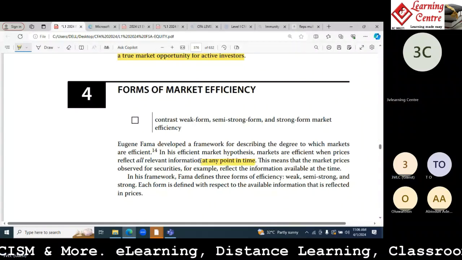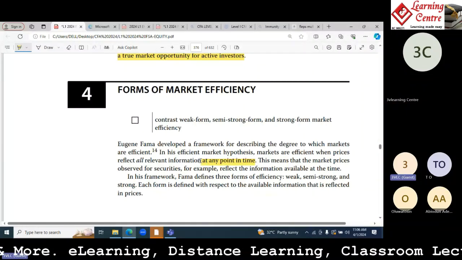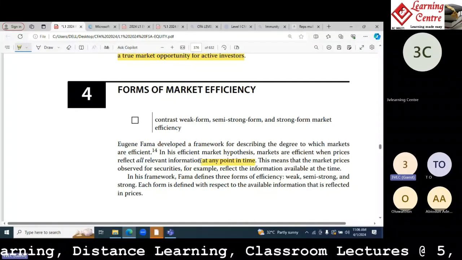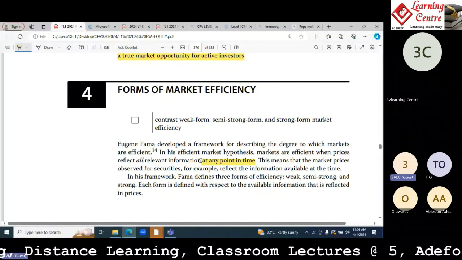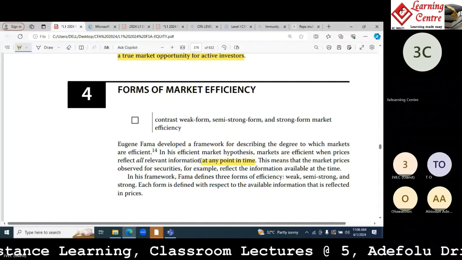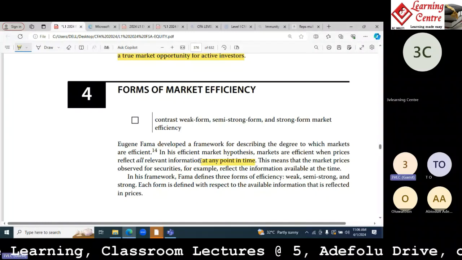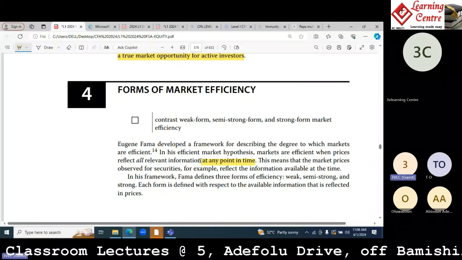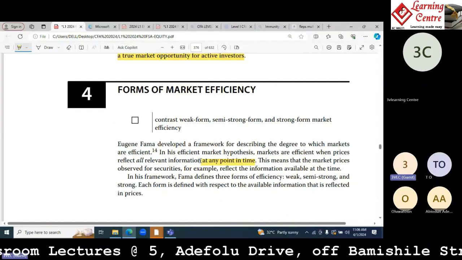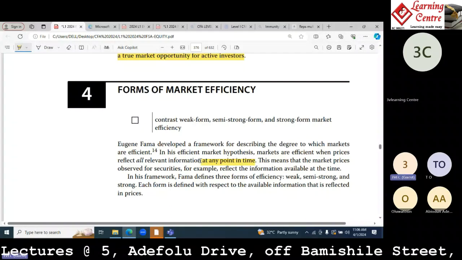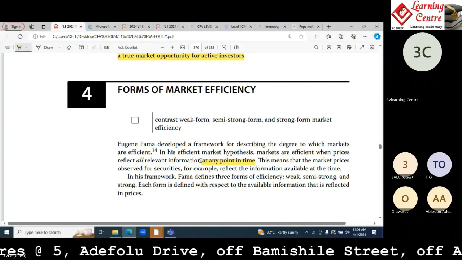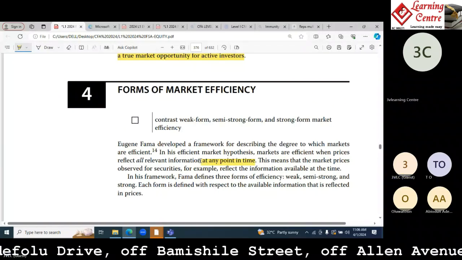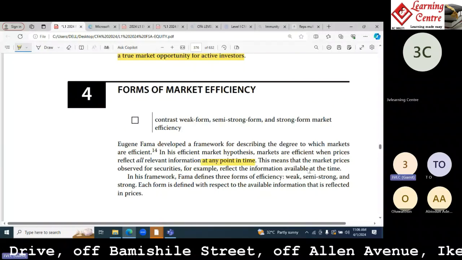This means that market prices observed for securities, for example, reflect information available at that time. You're getting my point? So what is the information available at that point in time? Is the price reflecting it? In their own words, price is reflecting it already.